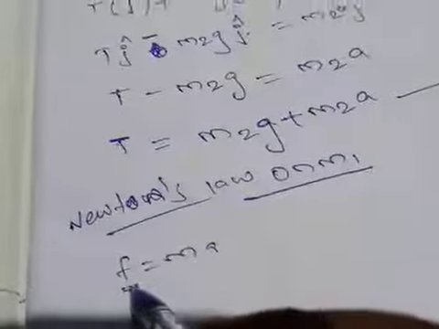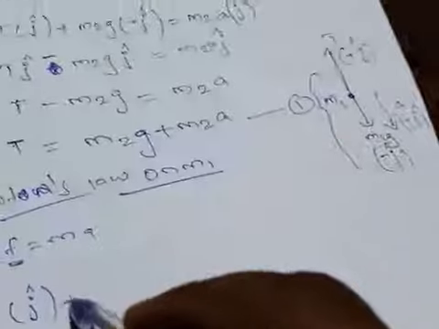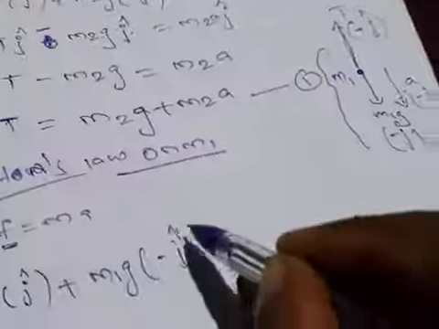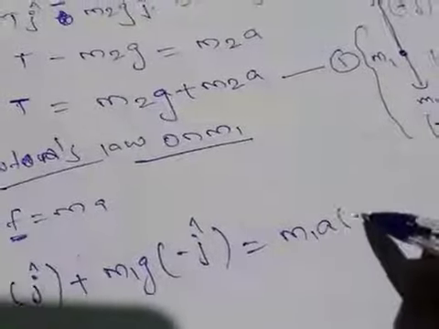What is the total force? Upward T, downward M1 g. So T j unit vector plus M1 g minus j unit vector equal to acceleration. So m a, here m means M1, so M1 a minus j unit vector.